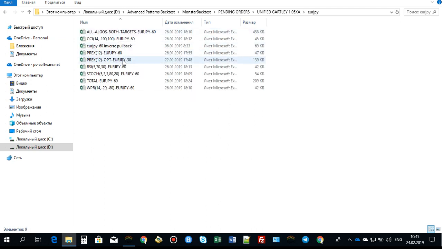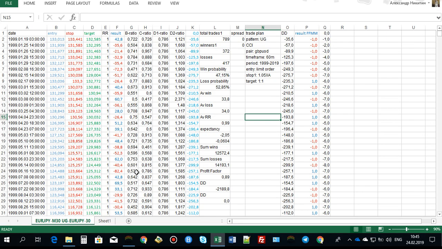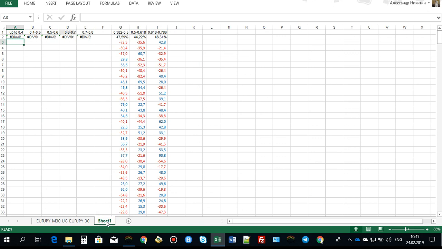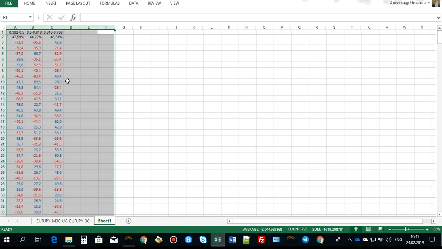Euro-yen optimization results. So let us see what happens with Euro-yen. By itself it is 47% correct, but let's go to this calculation. So I'll simply delete the stuff.